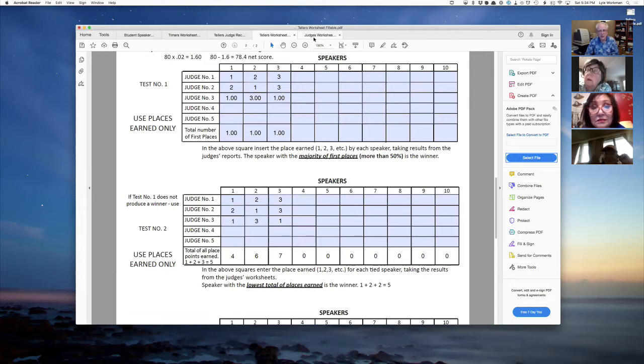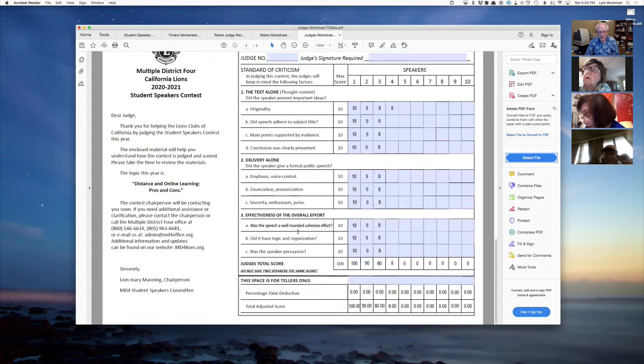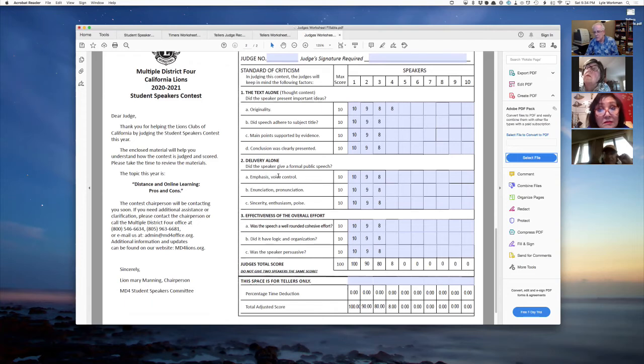If you look at the judge's worksheet, it says, do not score each person the same. It's their duty. If it's really close, you have to give one person a slightly better score than somebody else. That is part of the judge's responsibility. We can only work with the numbers that the judges provide.